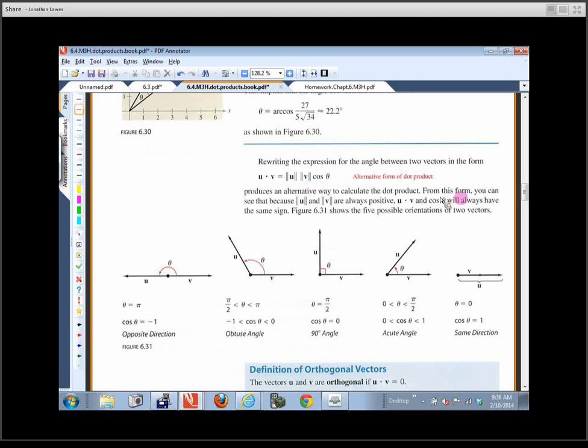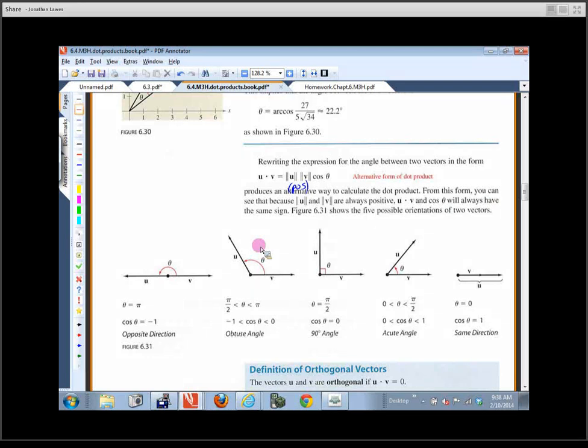Okay. It says, from this form, because you can see that these are both magnitudes, and magnitudes are always positive, it says u dot v and cosine theta will always have the same sign.